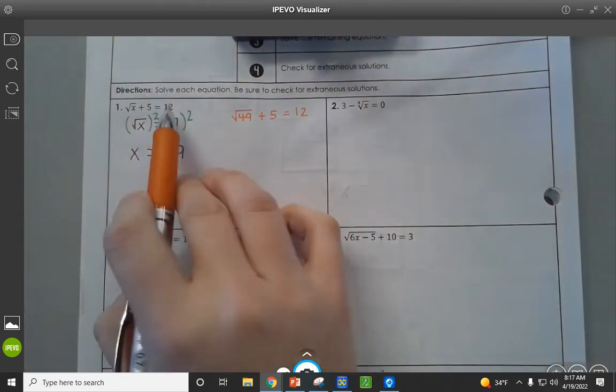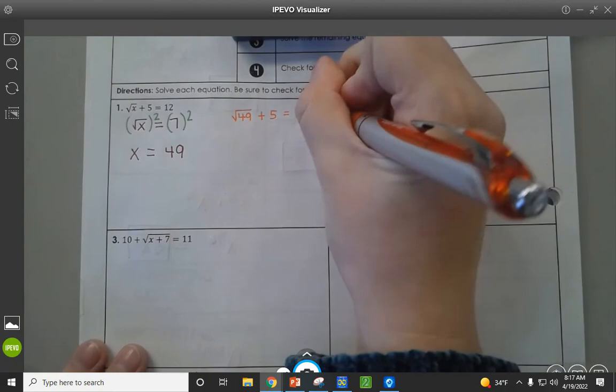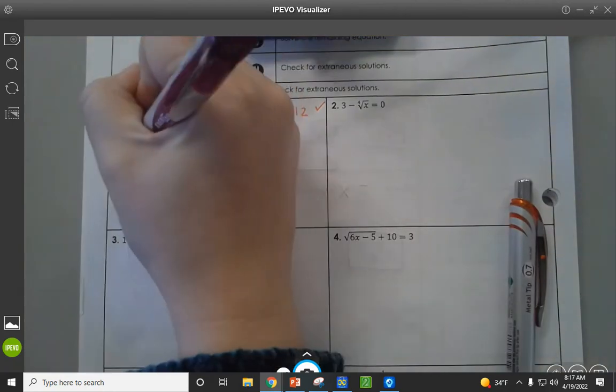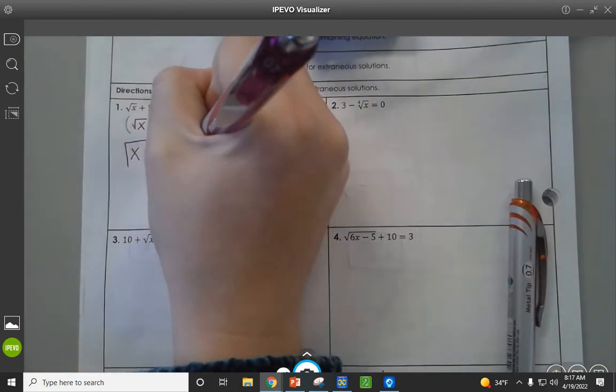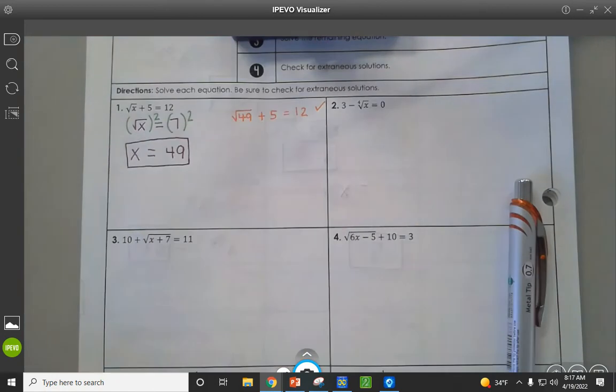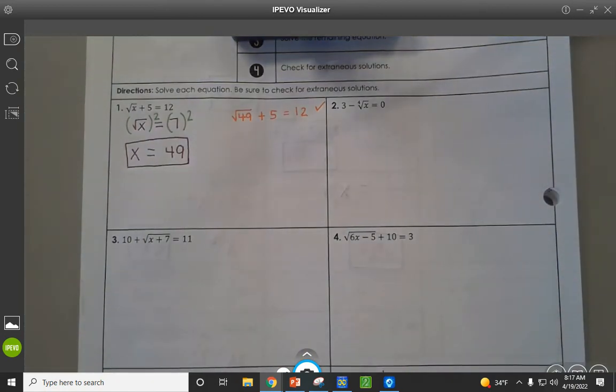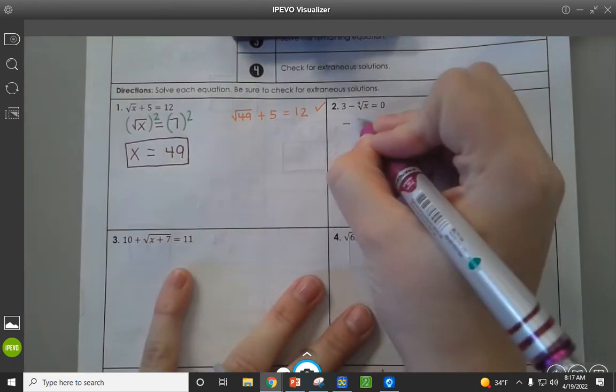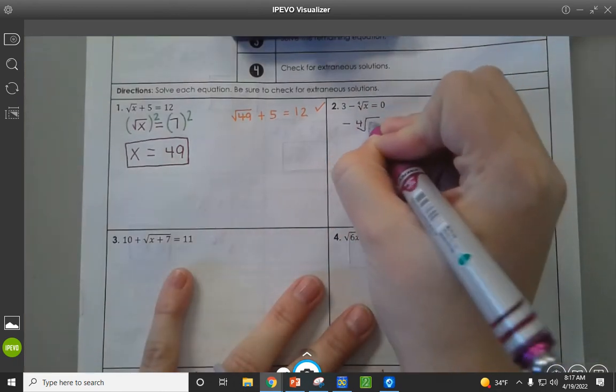All right, number 2, what step do I need to do first? So we have negative 4th root of x equals negative 3. Next, what do I do? Divide by negative 1. So this will be the 4th root of x equals positive 3.